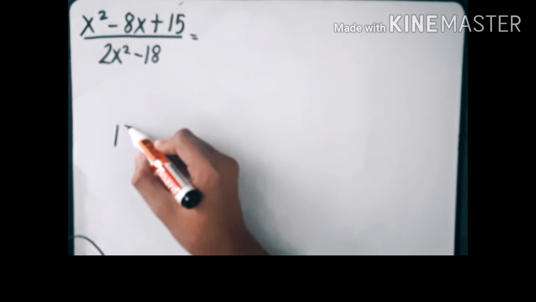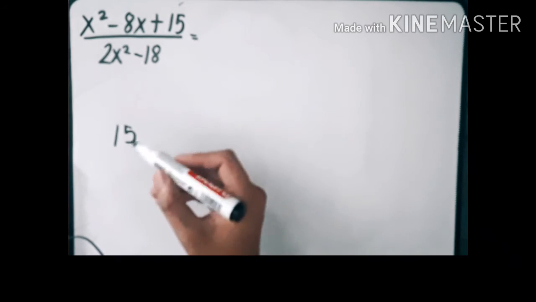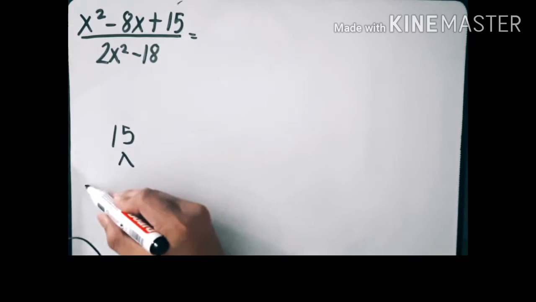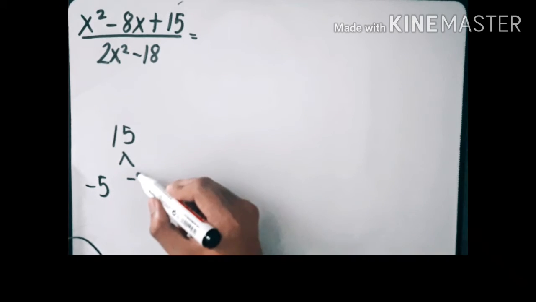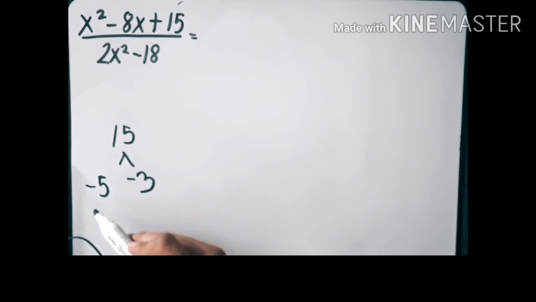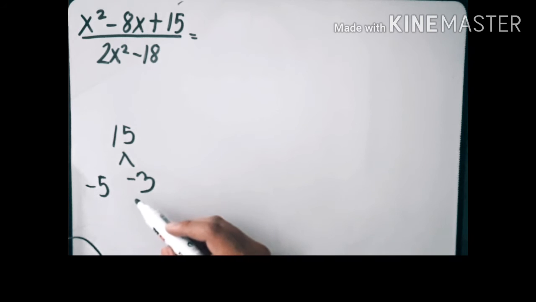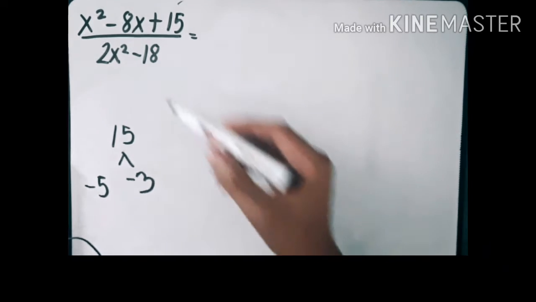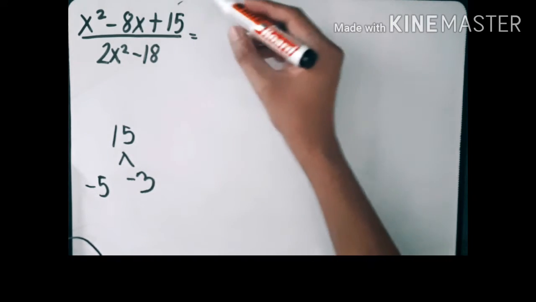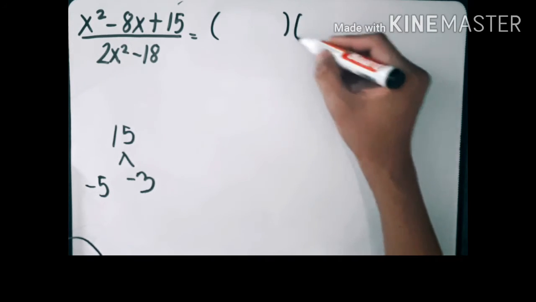So 15, pwede natin gamitin dito yung negative 5 and negative 3. Kasi negative 5 multiplied by negative 3 is positive 15, while negative 5 plus negative 3 is negative 8. So ito ang factor niya.